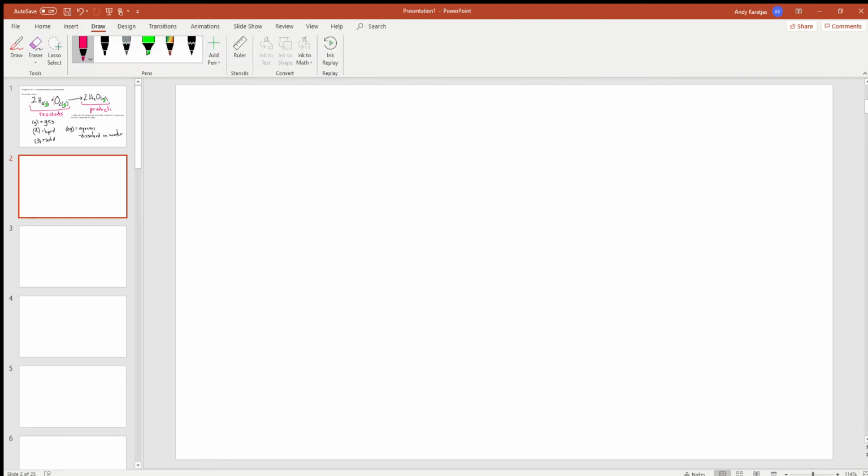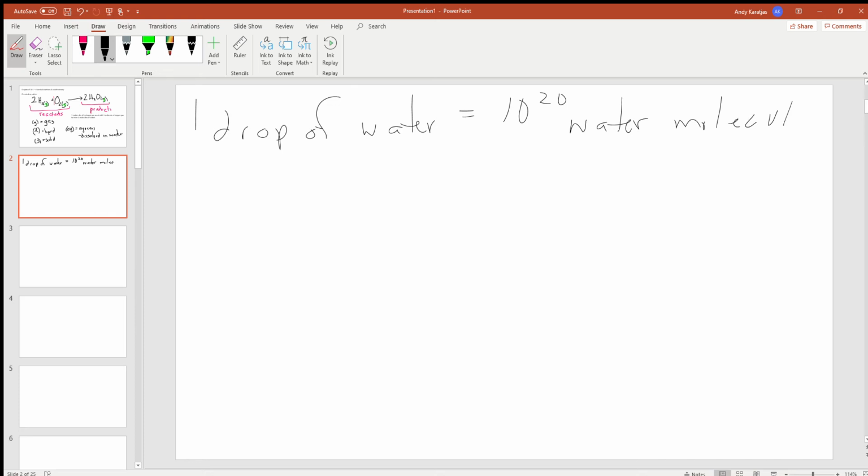In a typical drop of water, we might have approximately 10 to the 20 water molecules. And so thinking about compounds in this way doesn't really help us in the long run.